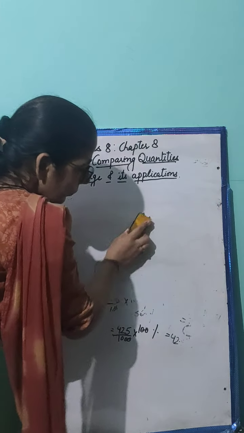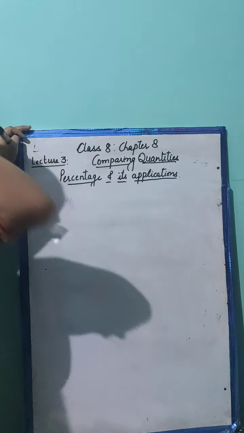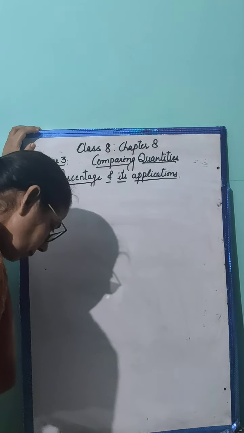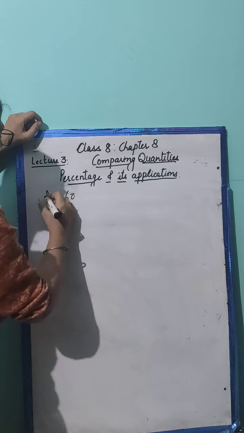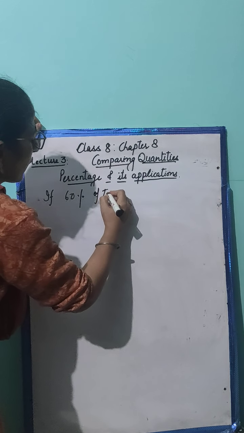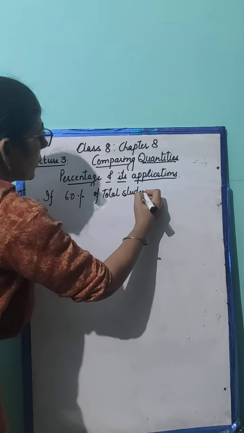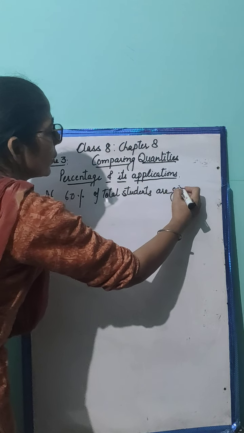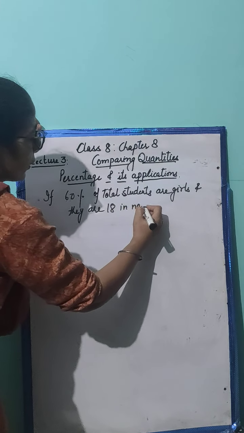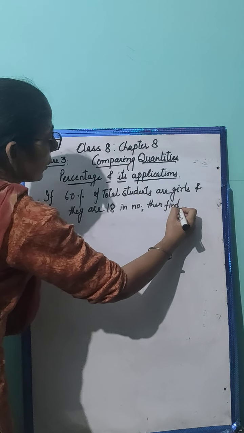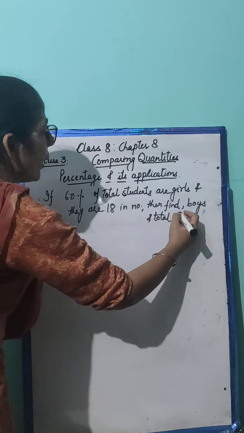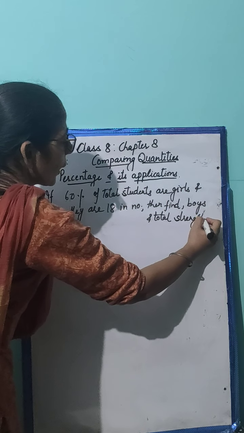If we have to do this kind of question, this is the example in our book: if 60% of total students are girls and they are 18 in number, then find the number of boys and the total strength of the class.